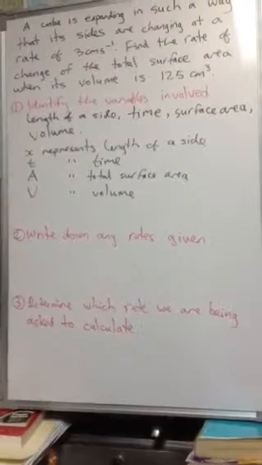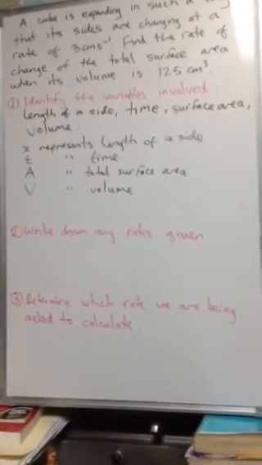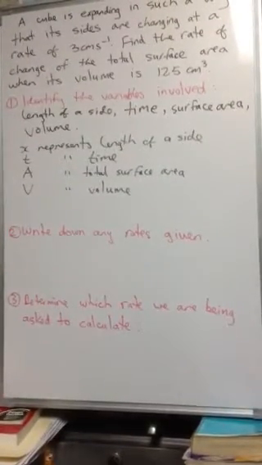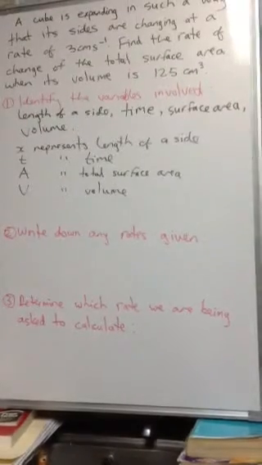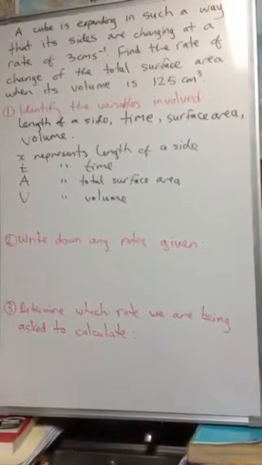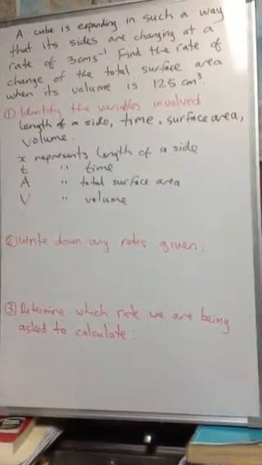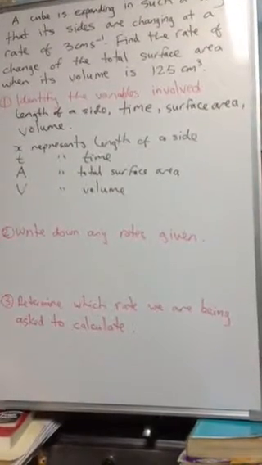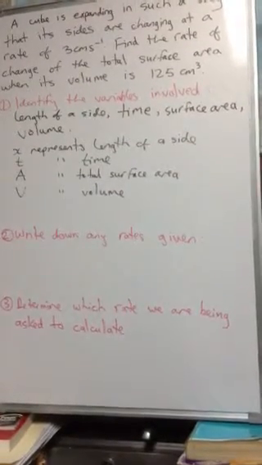A cube is expanding in such a way that its sides are changing at a rate of 3 centimeters per second. So the length of a side is changing at a rate of 3 centimeters per second.